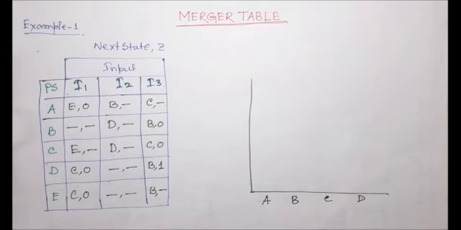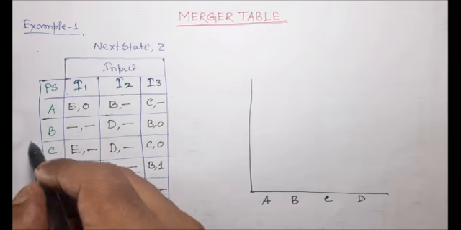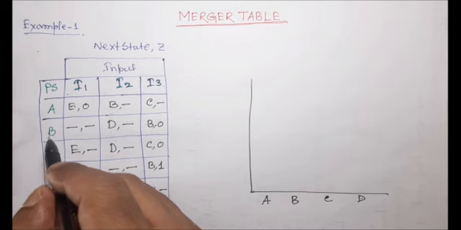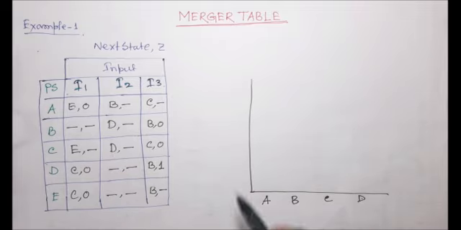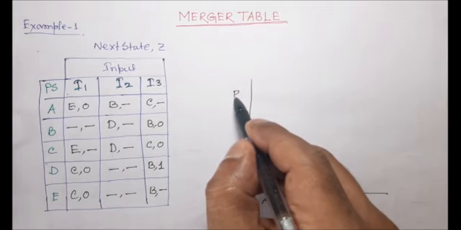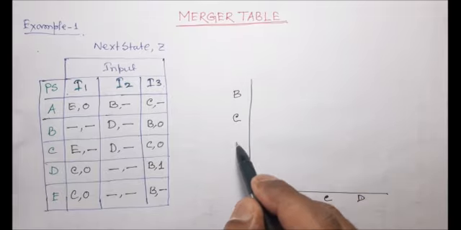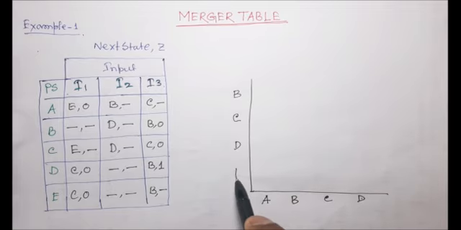I am just telling you right now. And start from the next state. Next state means after the first state, so I will start from the second state. The second state is B in this example, so I will continue B, C, D, E.